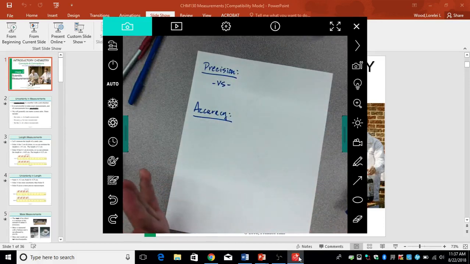How about the differences? Can you tell me the difference? I guess if you're throwing darts at a dartboard, you hit the bullseye, you're accurate, but if you don't hit the bullseye, but every single one of your darts is around the same spot, that's precision. Okay, you've been reading the book, haven't you? I just wrote it. Because that's the metaphor, the analogy that Corwin likes to make, is the whole bullseye thing.